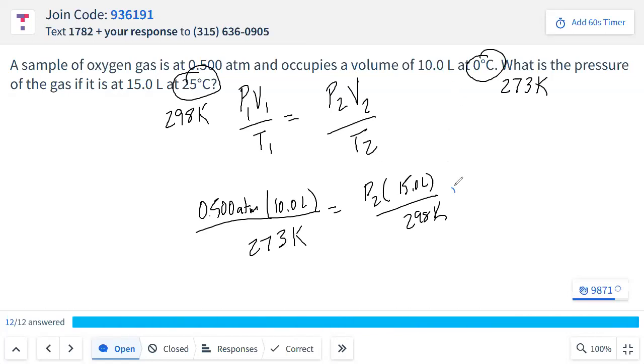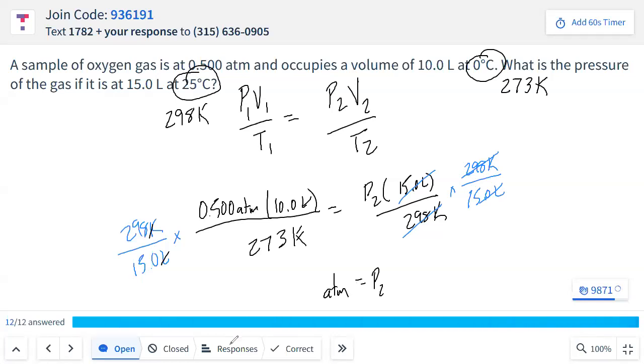To get P2 by itself, I'm going to have to multiply both sides by 298 Kelvin and 15.0 liters. Everything cancels on the right-hand side other than P2. My Kelvin cancel, my liters cancel, giving me just atmospheres for the pressure.